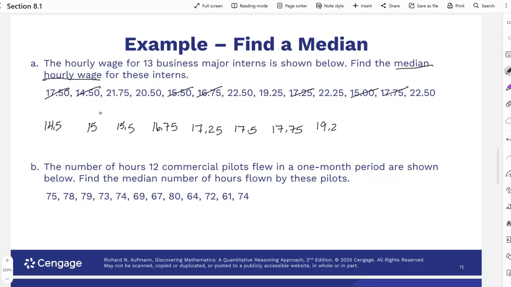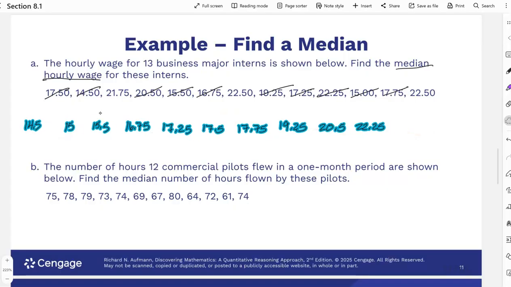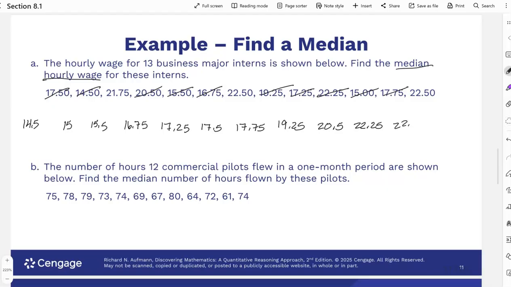I see a 19.25. 20.5, 22.25, let me shrink this so I can get everything on one line. 22.5, 22.5, because I have 2 of those. And then 21.75. And it looks like I've used all of them.